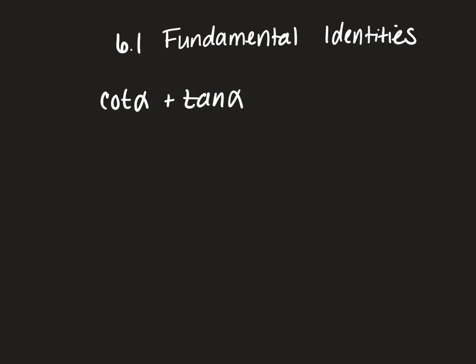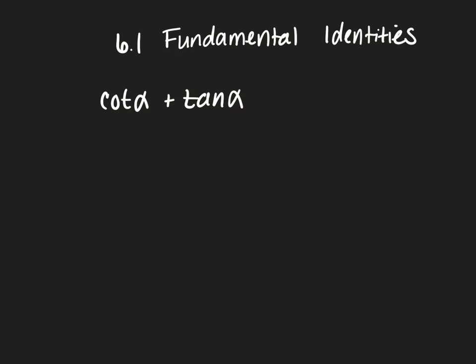Using identities, what are some things that cotangent and tangent are equal to? 1 over cotangent theta, right. But if we want to write it in terms of sine and cosine, what could we use? Sine over cosine.